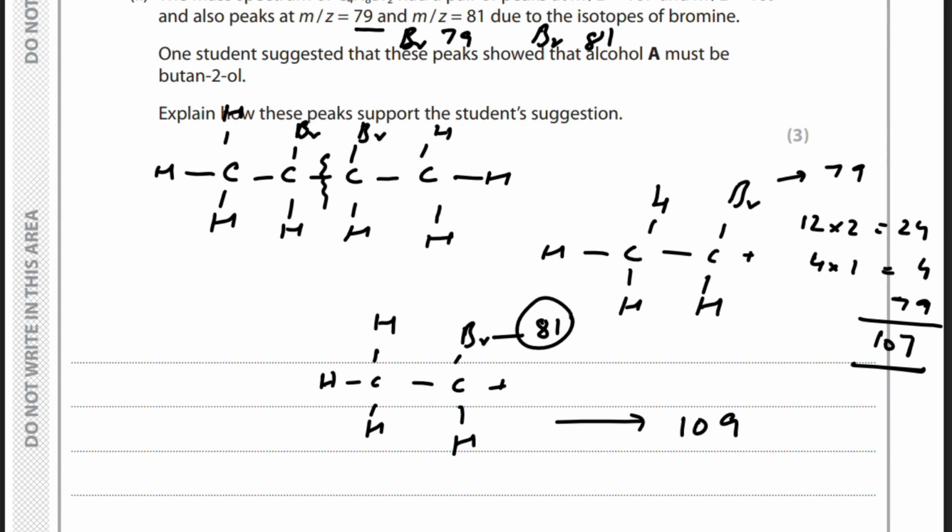So when the bond breaks from here, it shows the alcohol must be butan-2-ol. The OH group must be present at the second carbon because the bromine is present here.